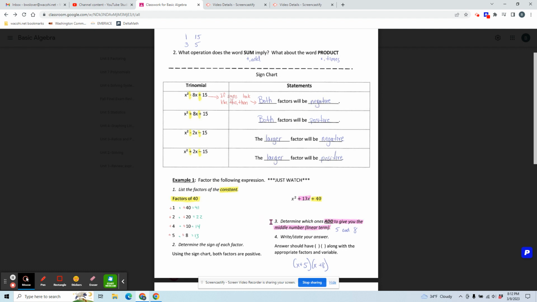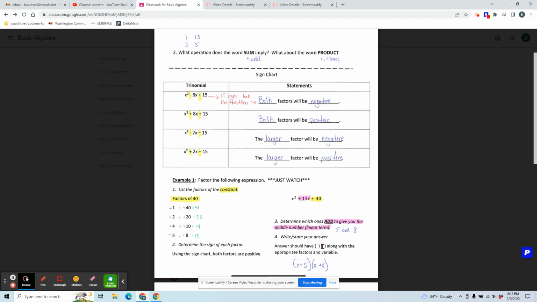Step 3 says determine which factors add to give you the middle term, which is the linear term. Okay, so this is what's in green. 1 plus 40 equals 41. 2 plus 20 equals 22. 4 plus 10 equals 14. 5 plus 8 equals 13. I need 13. So the 5 and the 8 are the factors that I'm going to choose. And finally, step 4 says write your answer.